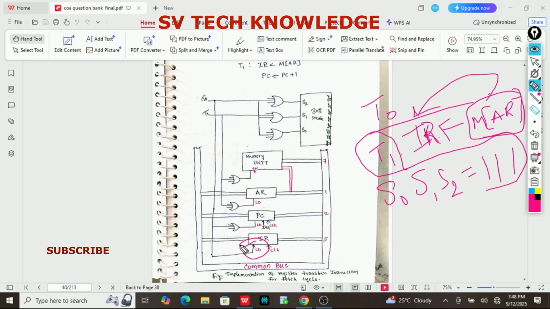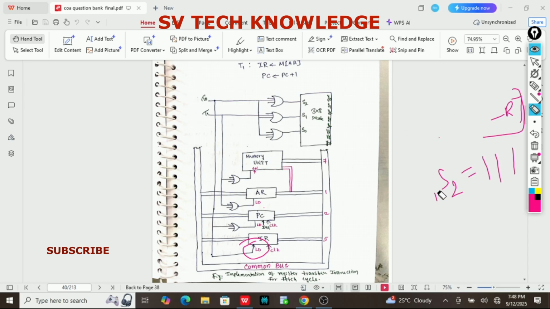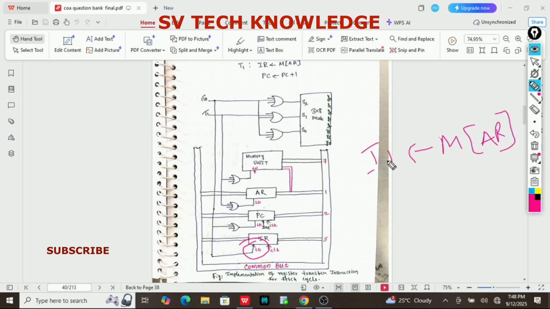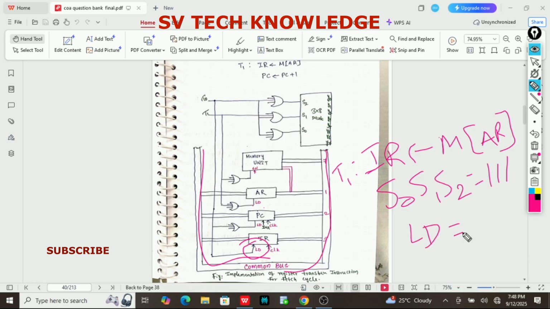Now, what is my operation 2? The memory address register contents will be sent to IR at T1 when the common bus is enabled with S0, S1, S2 as 111 and the LD input of IR is on.